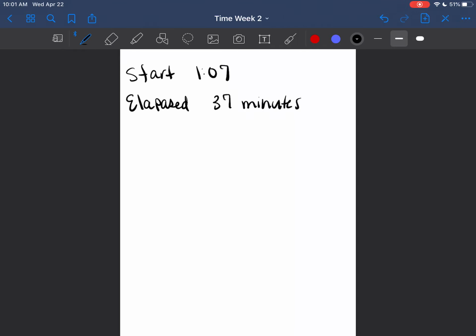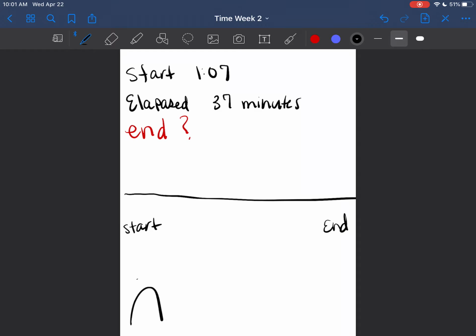We're trying to figure out the end. All right, I'm going to draw my number line. The start time goes here. The end time down here. Remember again, jumps of 10 minutes, 5 minutes, and 1 minute can be used. My start time is 1:07. I'm going to hop or pass 37 minutes on my number line.